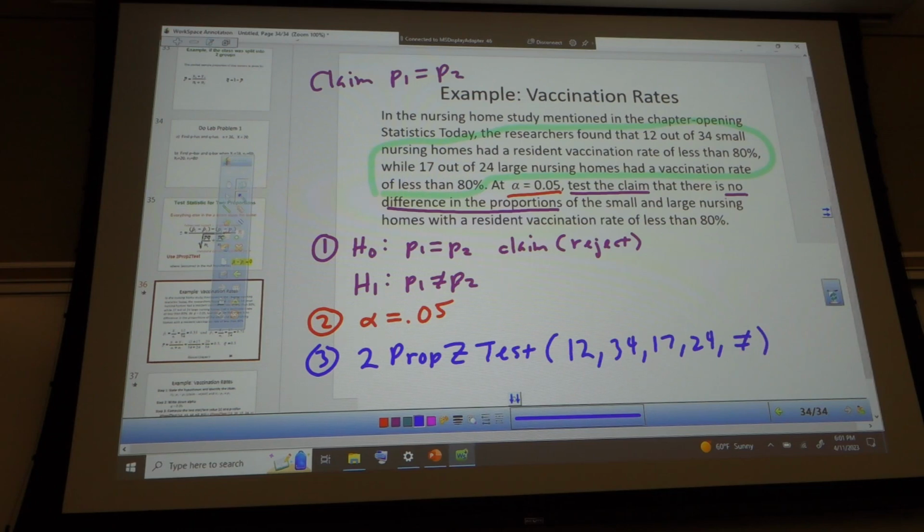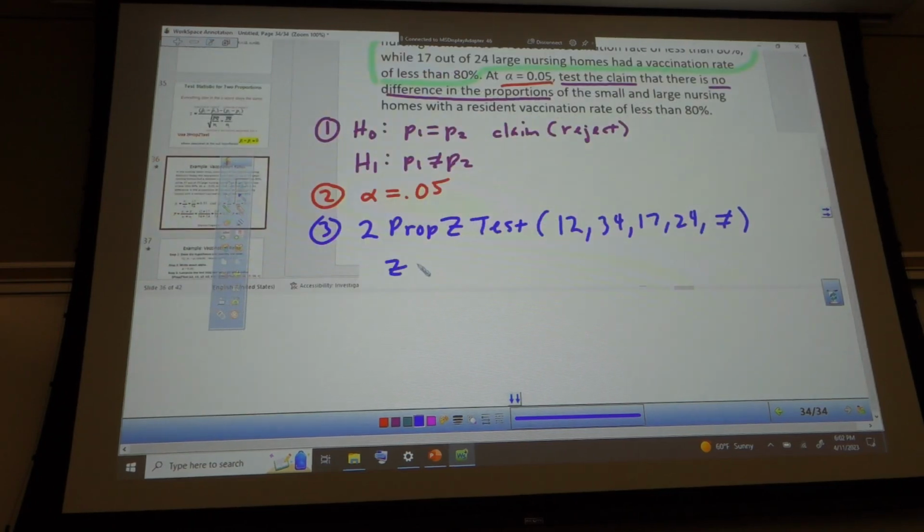And I ended up with a Z-score of negative 2.67 and a p-value of 0.00767. Okay, great. Next I'm going to find my comparison here, my p-value.